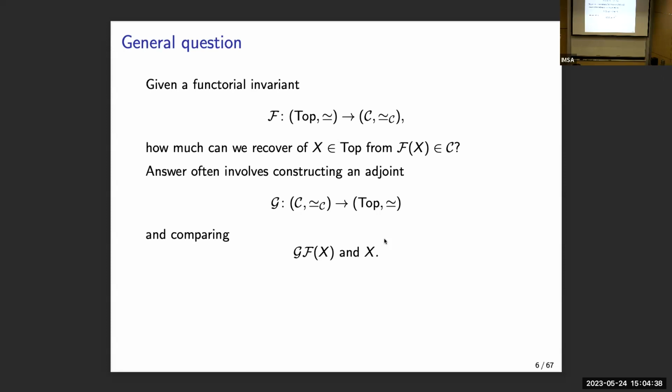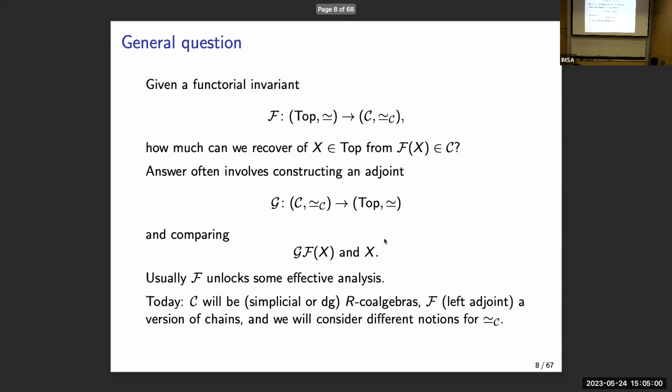How far are they from being equivalent? That's a central question in algebraic topology. And as I said, f usually unlocks some effective analysis, computational or conceptual, about the topological or geometric properties of the space.